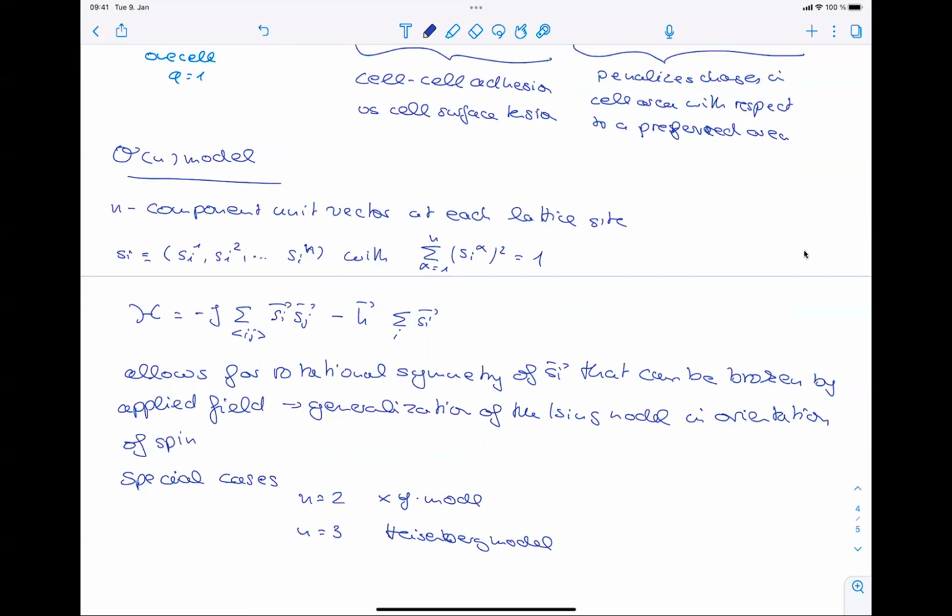For the Heisenberg model, the vectors can live both on a 2-dimensional square lattice or in a 3-dimensional lattice. So these are two different parameters to look at.